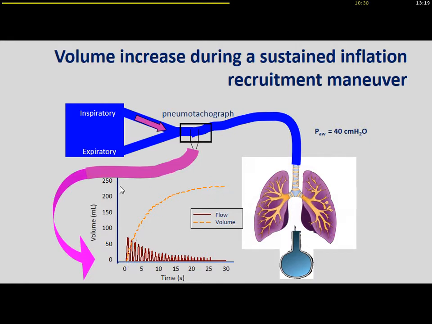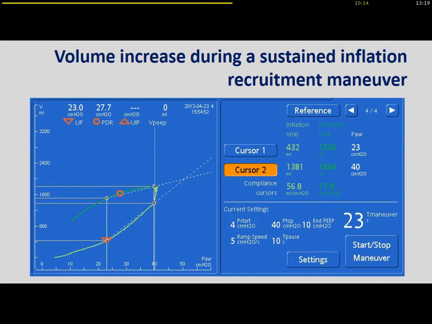If we integrate them, we get a volume. This volume here is an assessment of the volume increase of the aerated lung during the 10 seconds. Of course, this holds if there are no leaks, and that's why it's important to make sure that we have no leaks on the circuit. So this is what you can see on the screen.